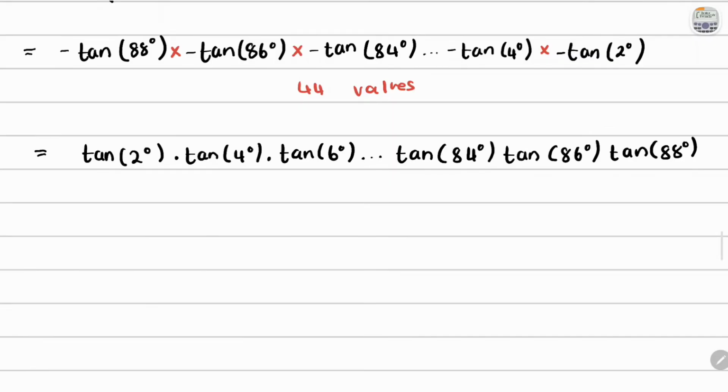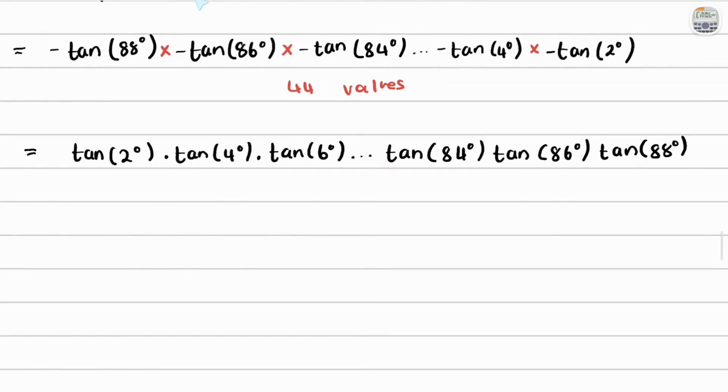Now, what else can we do? Something that I'm noticing about these numbers is, you see, 2 degrees plus 88 degrees gives you 90 degrees. So it has something to do with cofunctions. And it's good that they use tan. Well, they obviously used it for this reason, because tan can be expressed as sine over cos.